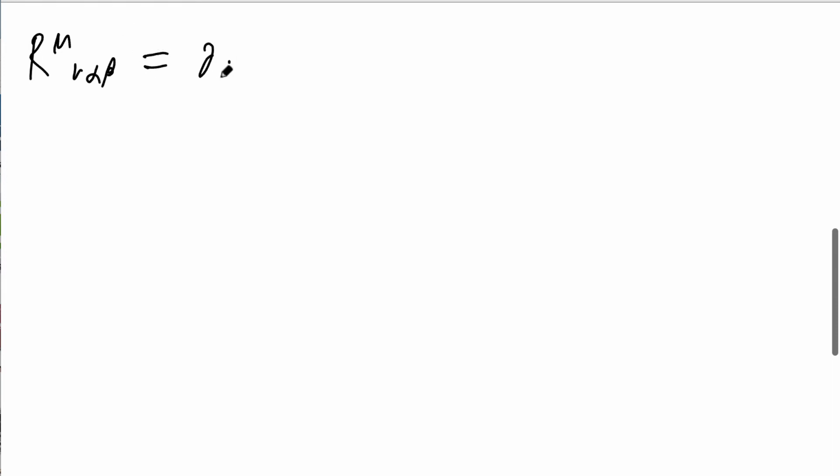This is partial alpha gamma mu beta nu minus partial beta gamma mu alpha nu. And this term, of course, is just the same as this term, but with alpha and beta reversed. So let me write this second term as indicating that it's the same as the first term, but just with alpha interchanged with beta.